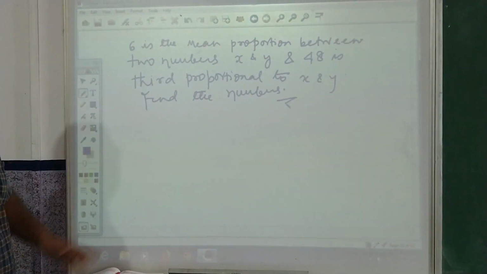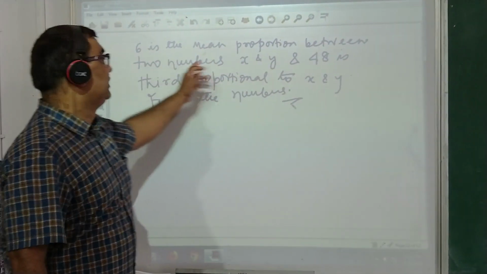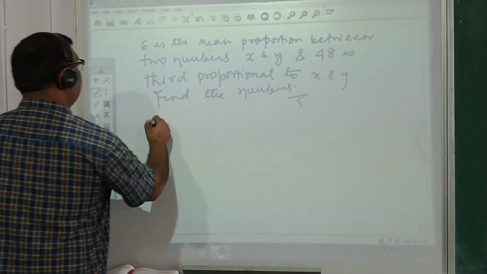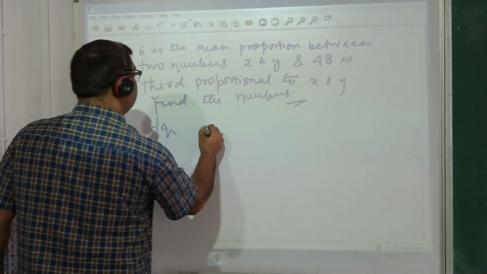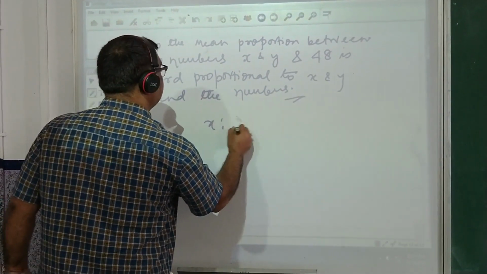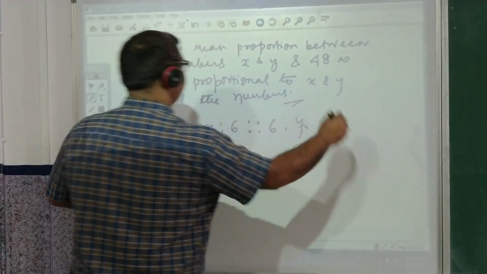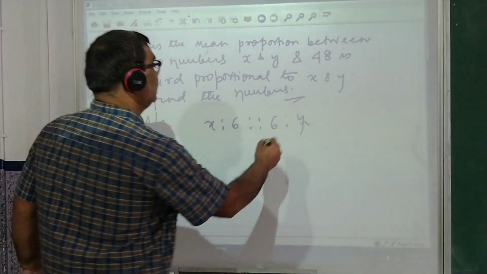My dear, what is given? 6 is the mean proportion between two numbers x and y. So, according to the question, can I say x is to 6 as 6 is to y?